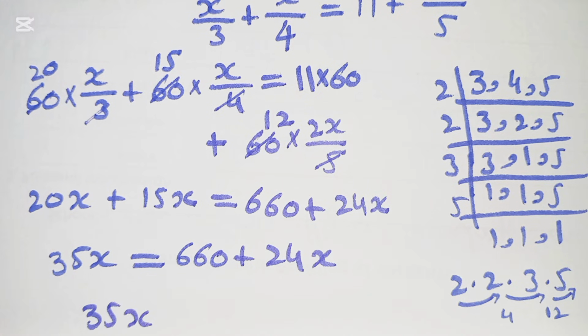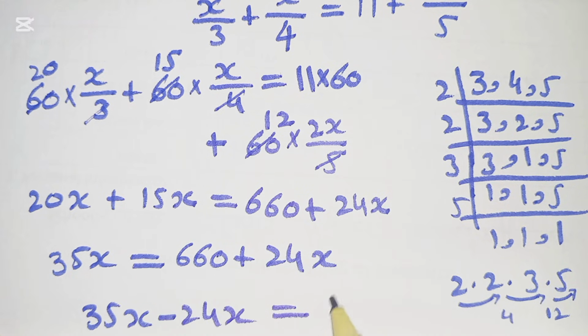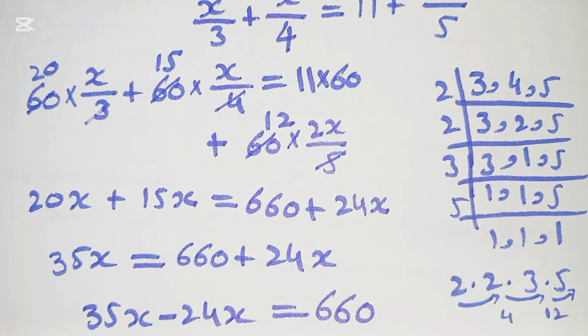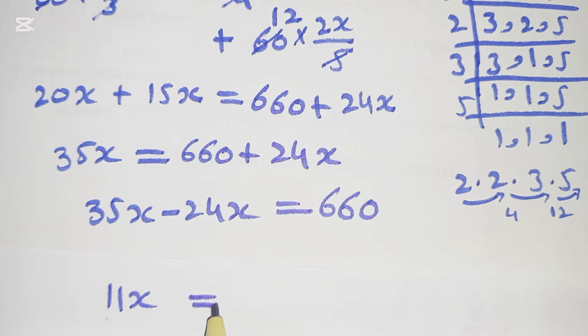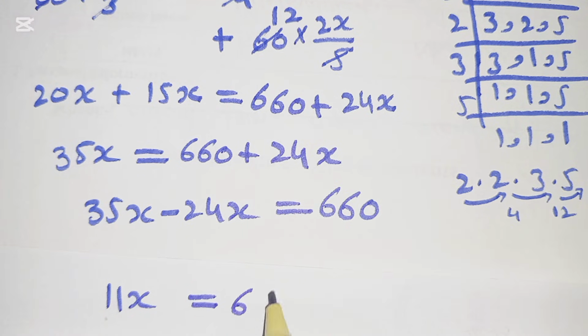So 35x, and this plus 24x moved here is minus 24x, is equal to 660. And 35x minus 24x is equal to 11x, and that is equal to 660.